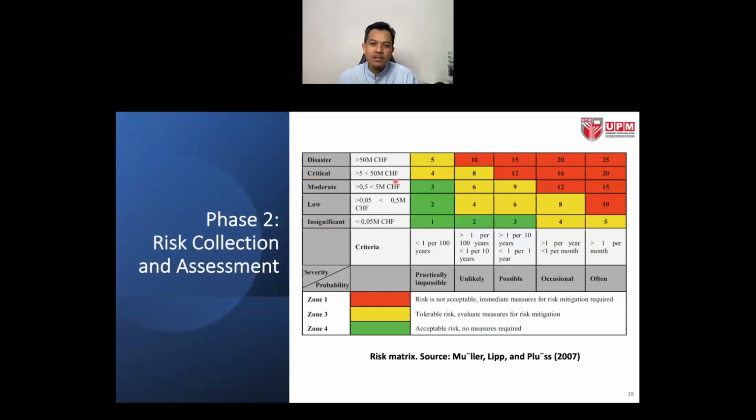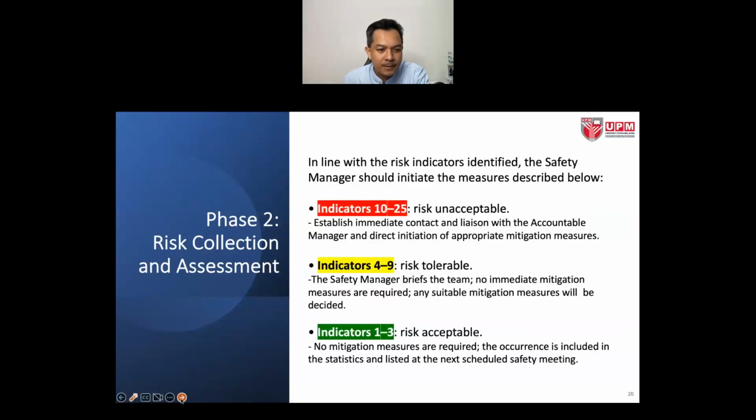So basically each of the identified hazards or safety aspects needs to be analyzed to see where it falls, whether it is going to go into the red zone or the yellow zone or the green zone. Okay, in line with the risk indicators identified, the safety managers should initiate the measures described below, as I highlighted earlier, the red, yellow, and the green.